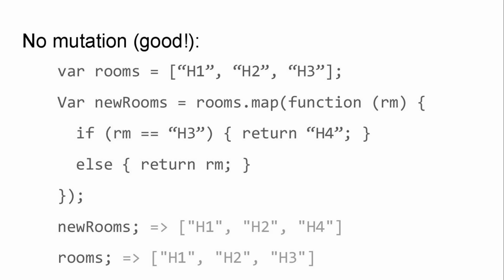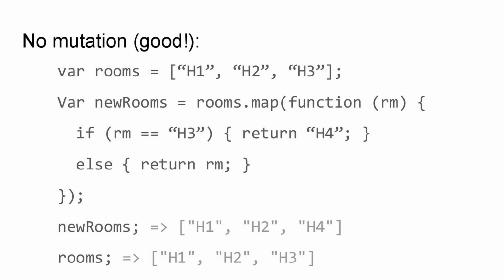But instead of changing it in place, I'm going to make a new rooms array using this map function that we talked about a little bit earlier, where I'm feeding a function into this map, which looks at each room in the list, and if the room is H3, it returns H4 instead of H3. Otherwise, it returns whatever the room was.